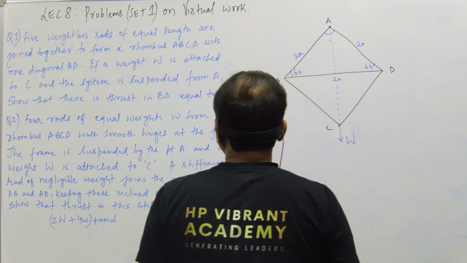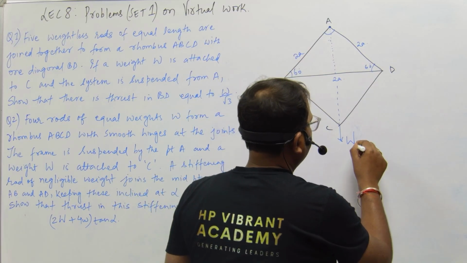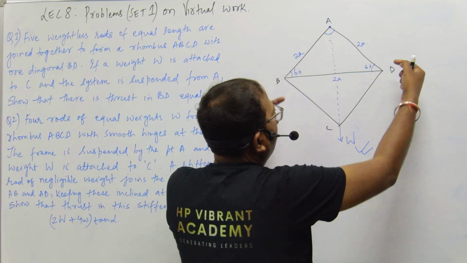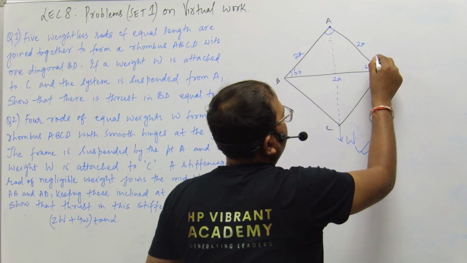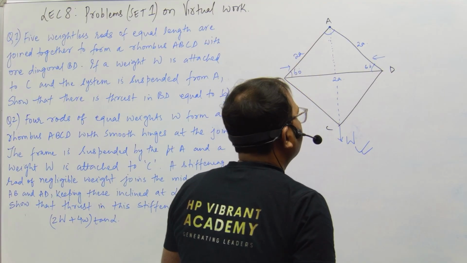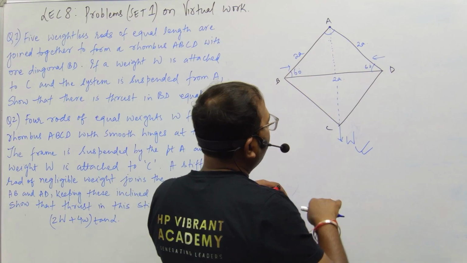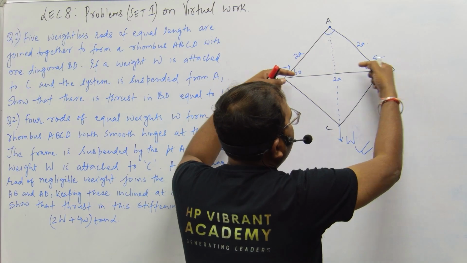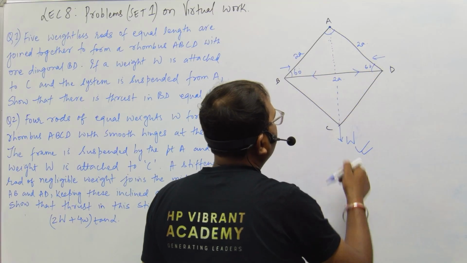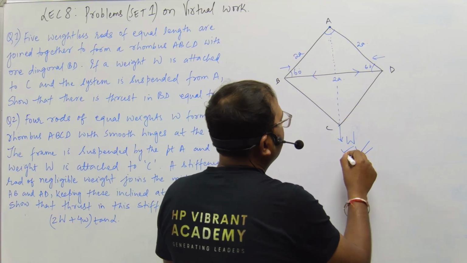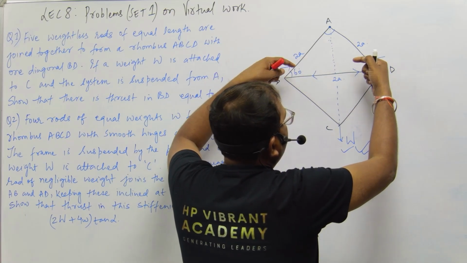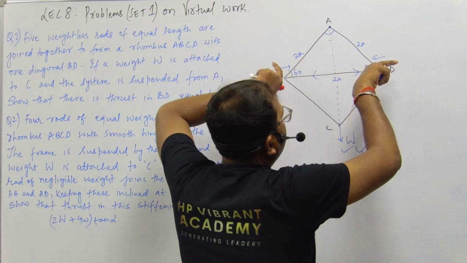Now because of this weight, points B and D will try to move in the inward direction. For restraining its movement in this direction, the thrust will act in the opposite direction.